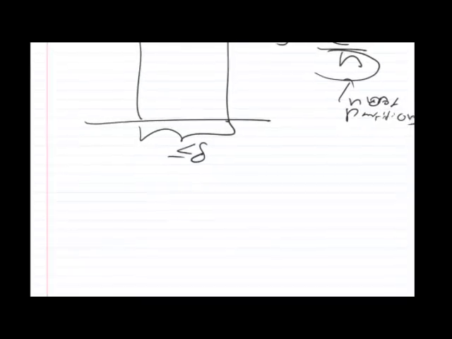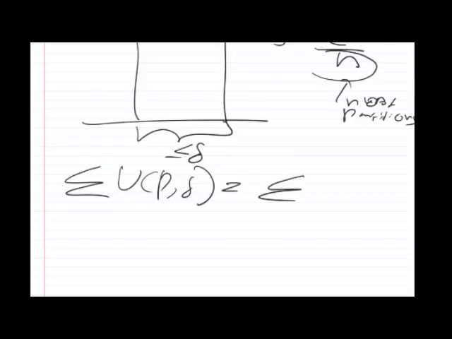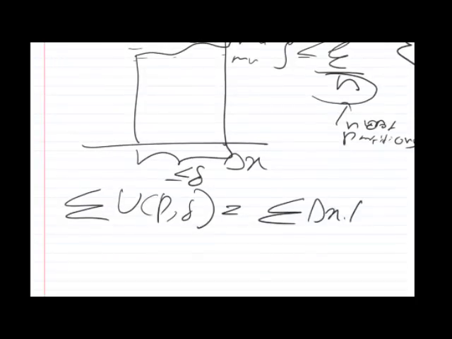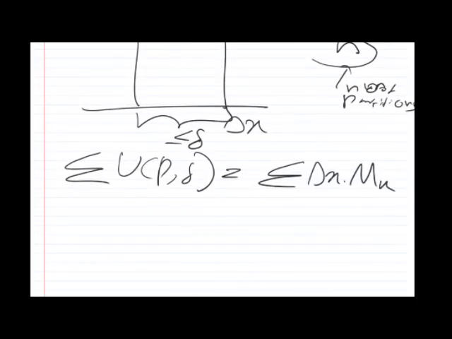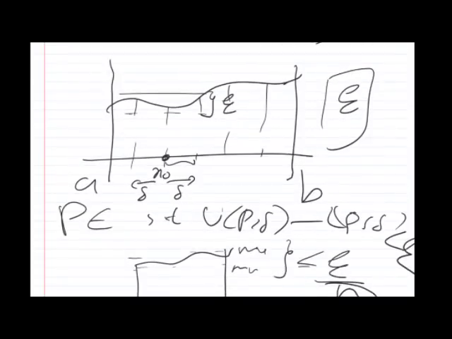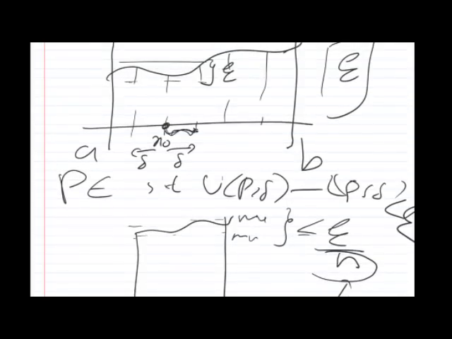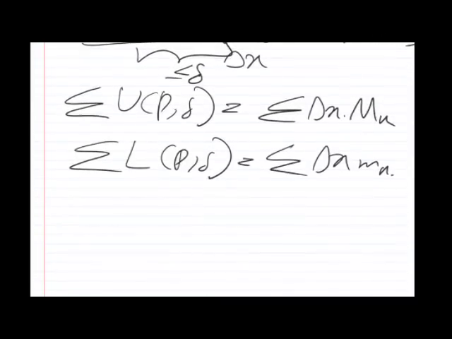Now we can take the upper sum. It is equal to the length, which I call delta x, times Mk, and I also take the lower sum. If I take this partition so that the difference between those x values is equal, like equal partitions, I can take this delta x value out.